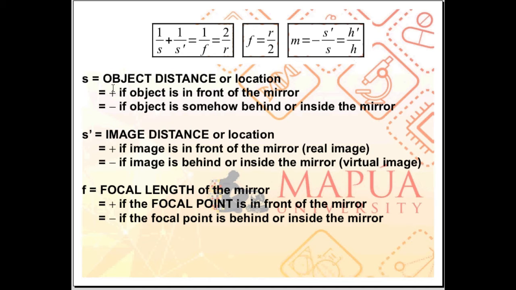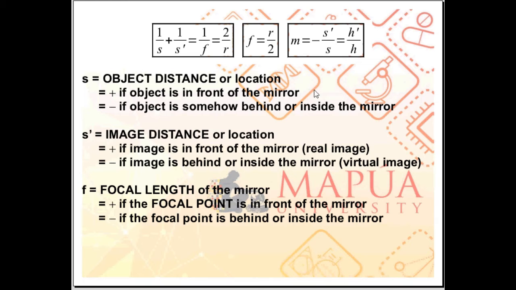S is referred to as the object distance or location. S is basically the location of the object with respect to the mirror. So what's the distance and location of the object with respect to the mirror? That's S. And S is positive if the object is in front of the mirror.